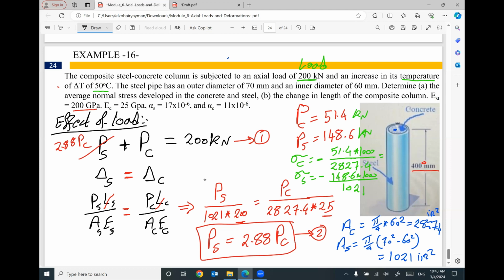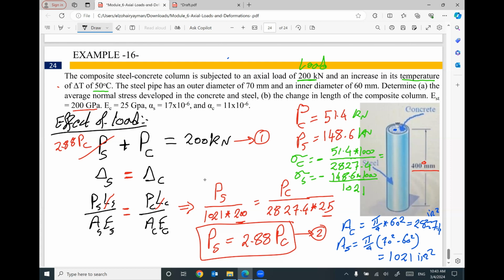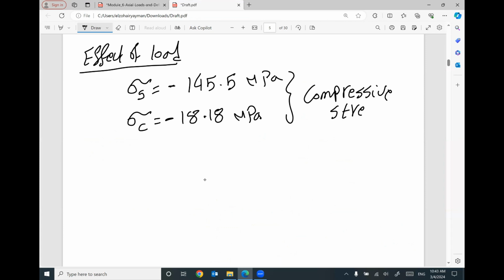For concrete, 51.4 times 1000 divided by 2827.4, I got negative 18.18 megapascal. For steel, it will be 148.6 times 1000 divided by 1021. I got negative 145.5 megapascal. Both of them are compressive stress due to the effect of the applied load.